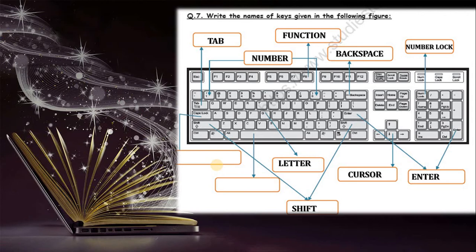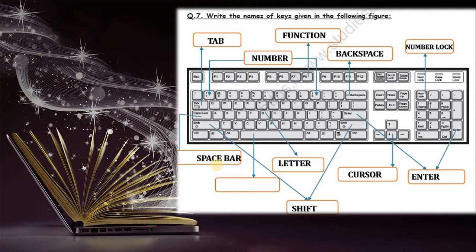I am showing this activity in this lecture so you can give the answer in the activity lecture. Correct? So please remember, focus here and give me the answer, which key and what is its use.